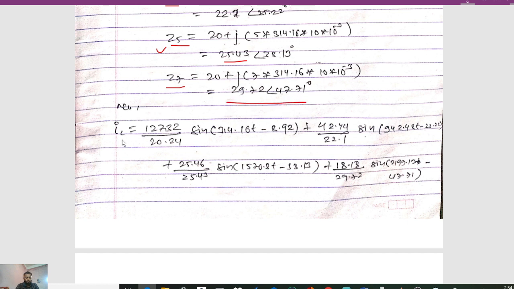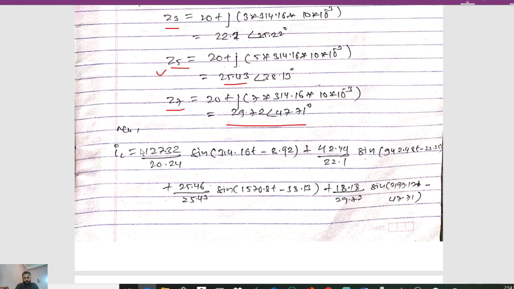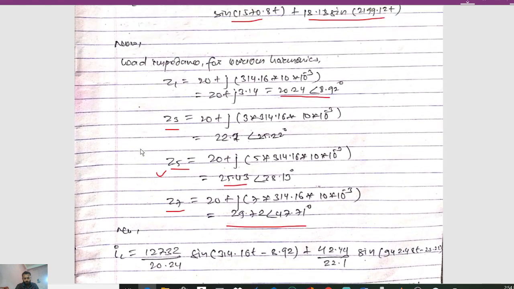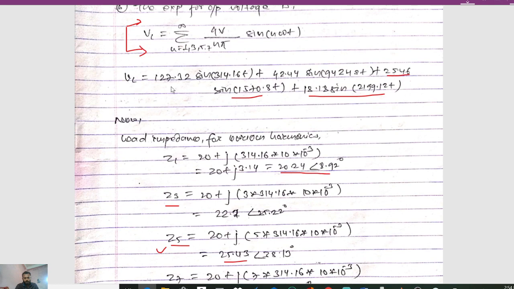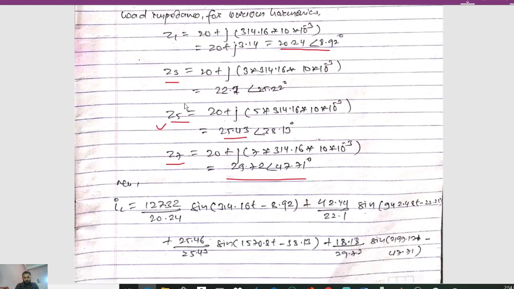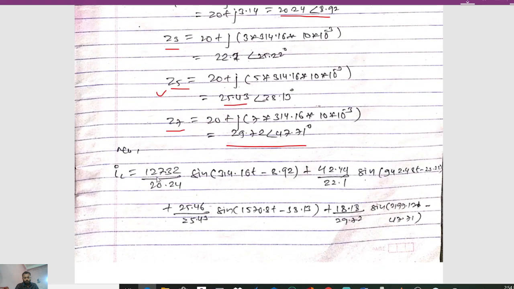Now we have to calculate the load current IL. IL will be V upon Z, and we have just calculated VL. VL is 127.32 sin, similarly 42.44 sin. So IL will be 127.32 upon Z1, which is 20.24 with angle 8.92, and the angle will be subtracted: sin(314.16t − 8.92).